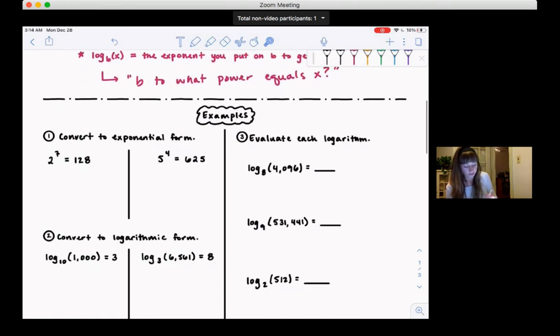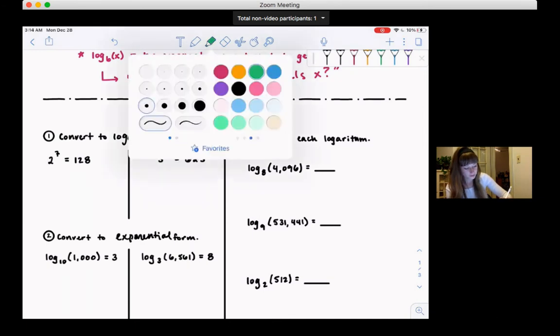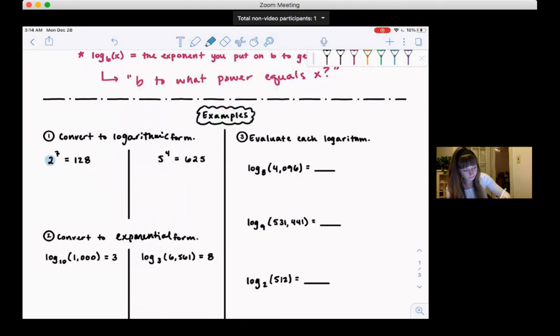Okay, so for our examples, number one is where, oh no, I have this backwards. This should be logarithmic, this should be exponential. Oops, I'm sorry. Okay, so we're going to start by converting to logarithmic form. So we could start by saying, okay, this is the base, this is the exponent, this is the answer number.